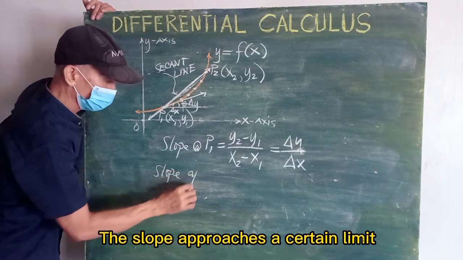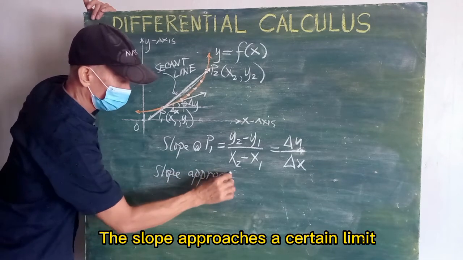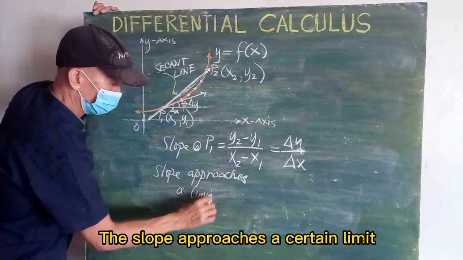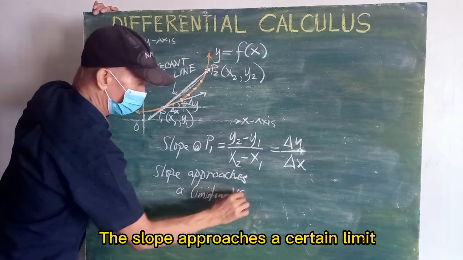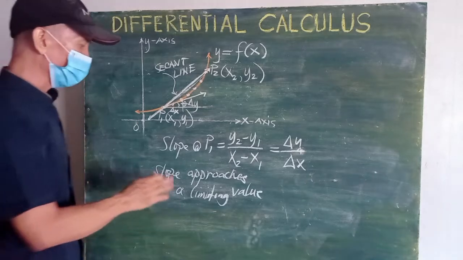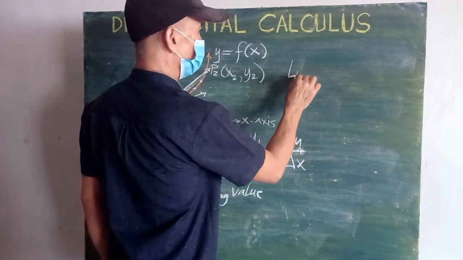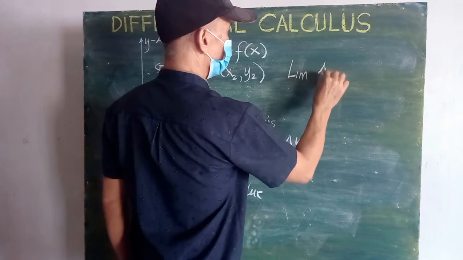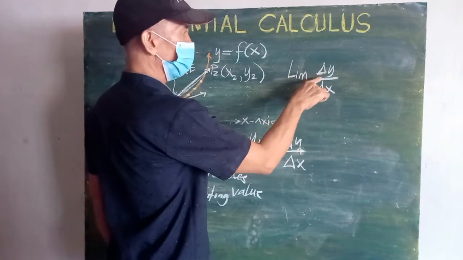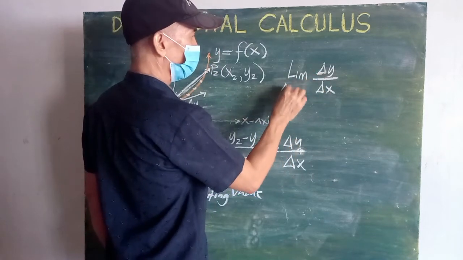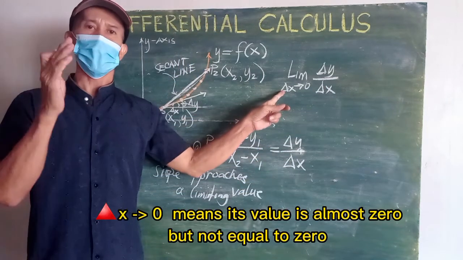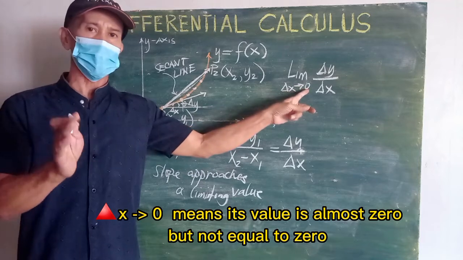The slope approaches a limiting value. Okay, and we can represent the limiting value of the slope as the limit of delta y over delta x, the limit of the slope delta y over delta x as delta x approaches 0, meaning delta x comes nearer to 0 but not equal to 0.